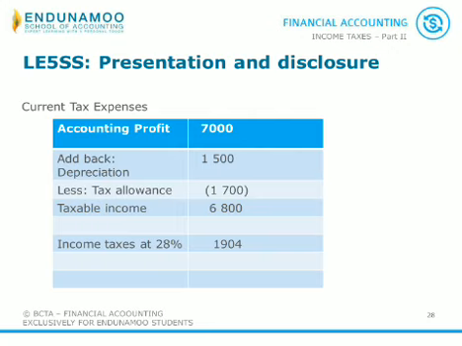So we add it back, and then we were given a tax allowance of 1,700, which we subtract, and we land at a taxable income of 6,800 Rand. Obviously we calculate our tax at 28% because we do have a taxable income, and therefore we can recognize a tax expense of 1,904. So that's going to be our tax expense.